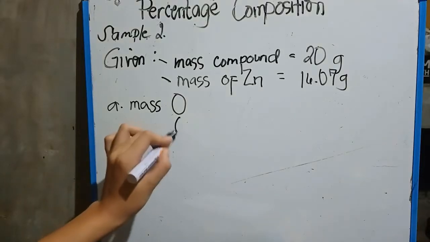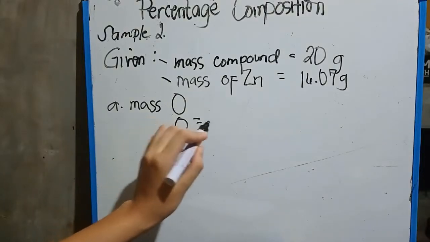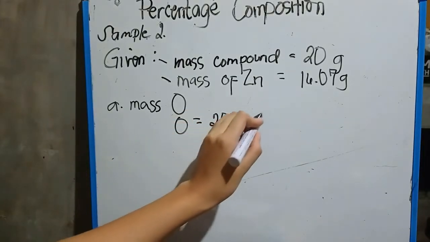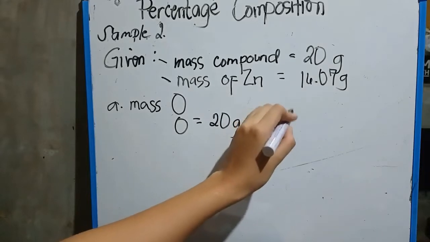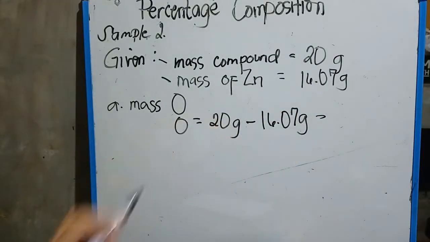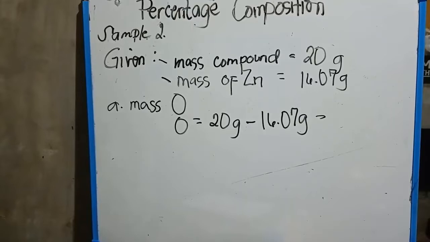So here it is. The oxygen is equal to 20 grams minus 16.07 grams. In a compound, it is a combination of oxygen and zinc. In our compound, we determined that the zinc is equivalent to 16.07 grams, so what remains of the 20 is the oxygen.